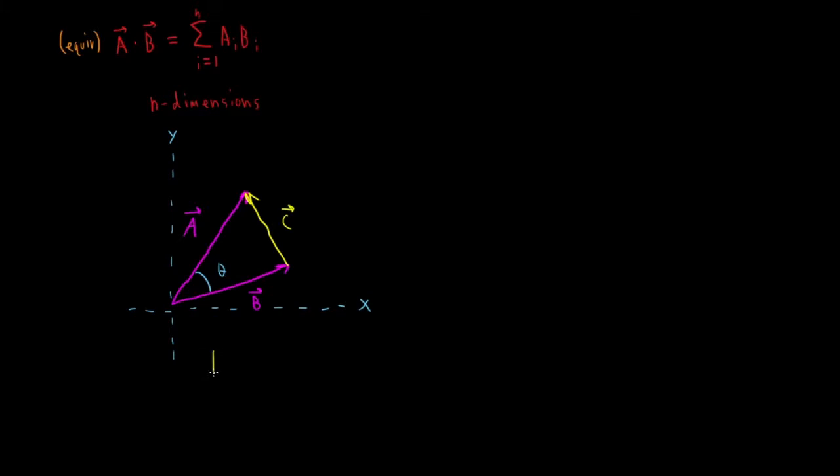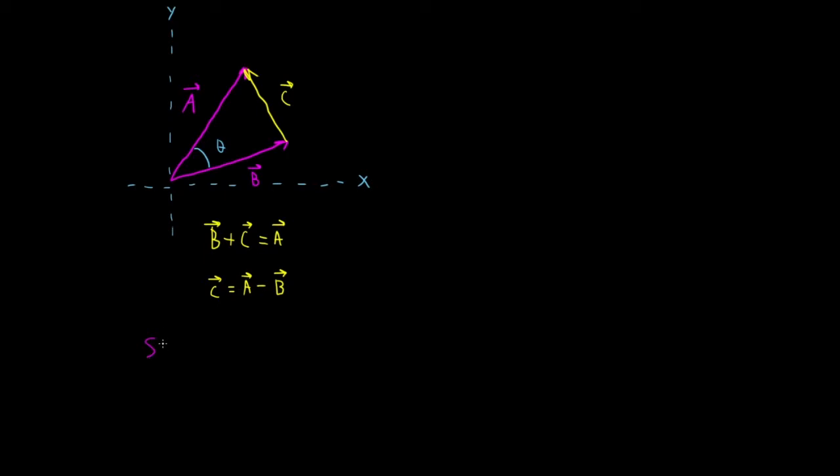We do this mathematically by defining C as the vector that needs to be added to B to get A. Consequently, C is equal to the difference between vectors A and B.